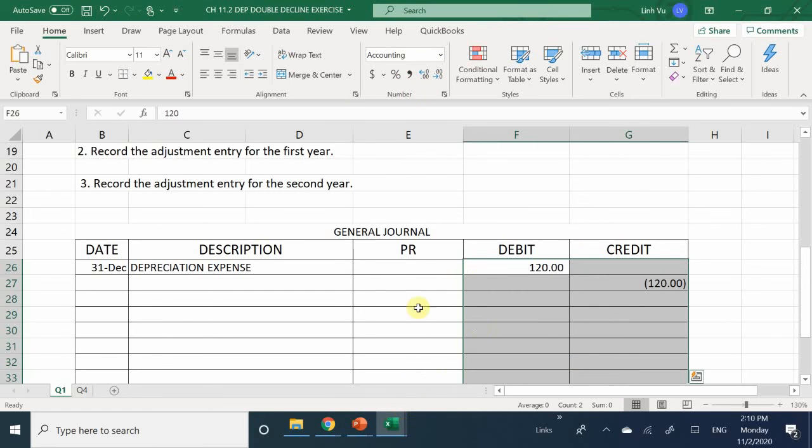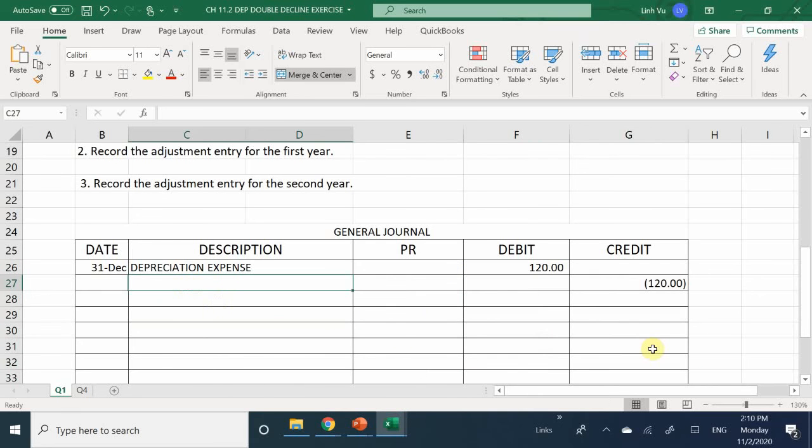And then do the accumulated depreciation, ACUM for short.